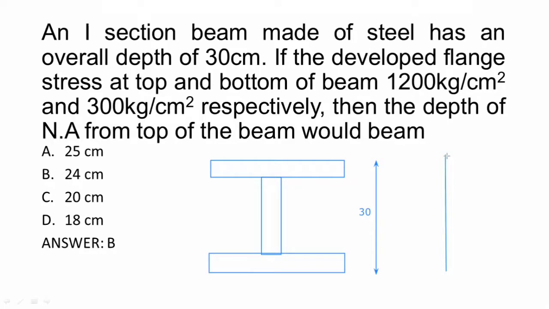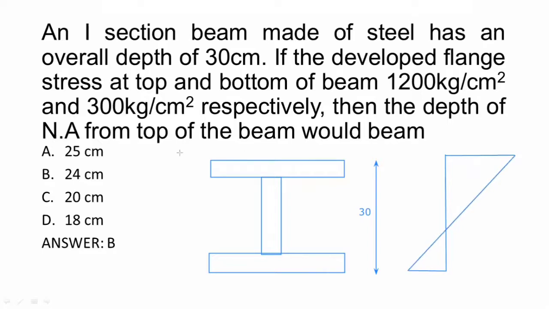So at the top, 1200 value is given, and at the bottom, it is 300. So proportionately, this will be the bending stress distribution diagram.